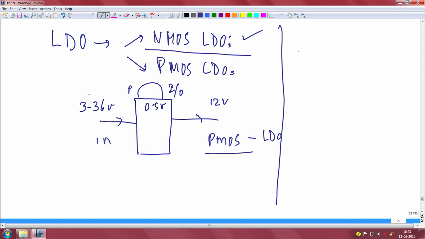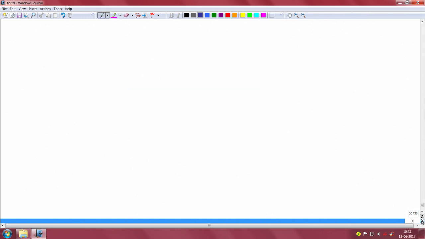The space may not be sufficient, so I will take a fresh sheet and we will draw from here.